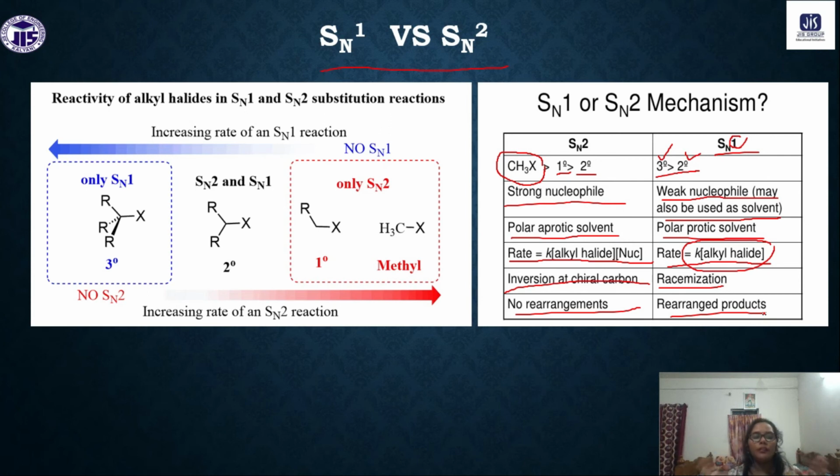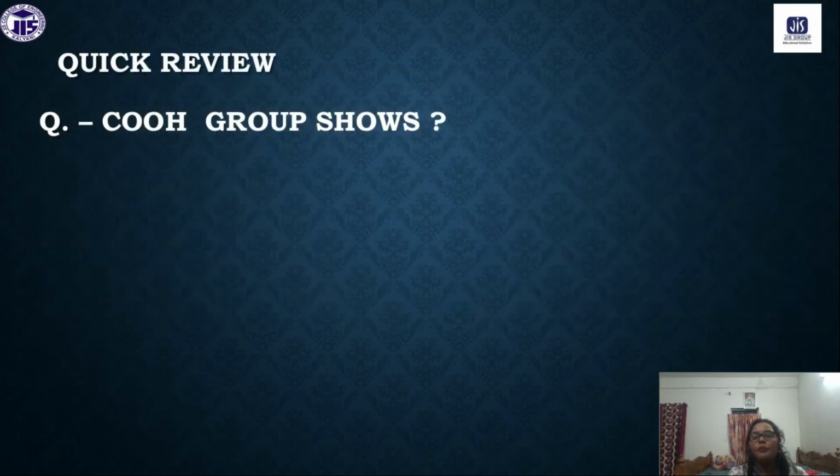So all this is about SN1 versus SN2. You can get questions like: differentiate between the mechanisms of SN1 and SN2 reactions; what are the factors affecting the SN1 reaction; what are the factors affecting the SN2 reaction.